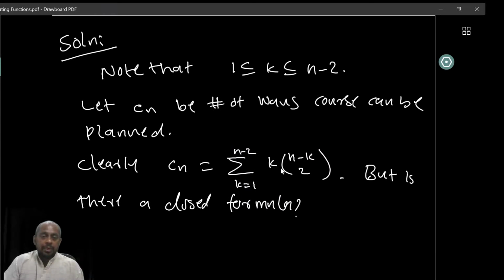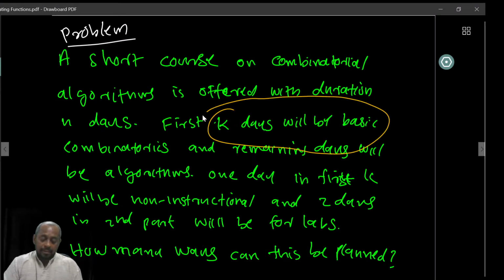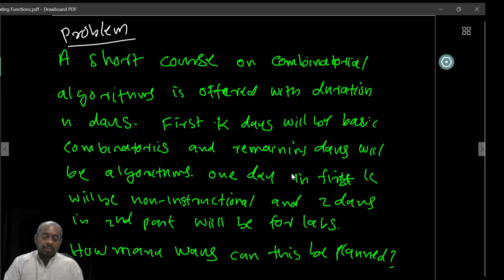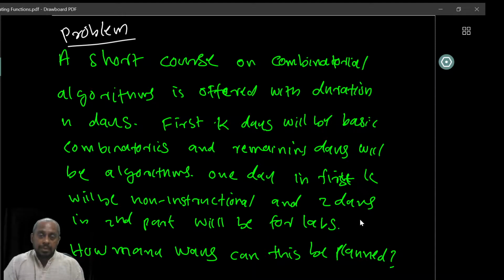Now the question is that if you want a closed formula, how does this reduce to a closed formula? It's not very immediate. So therefore we can try to use generating functions. Okay, so we observe that we can independently calculate for the first days the combinatorics and the holiday selection, and you can find the generating function for that itself, and for the remaining selection of 2 days from the remaining n minus k possible days, right?